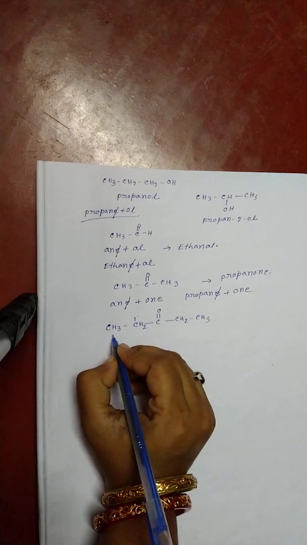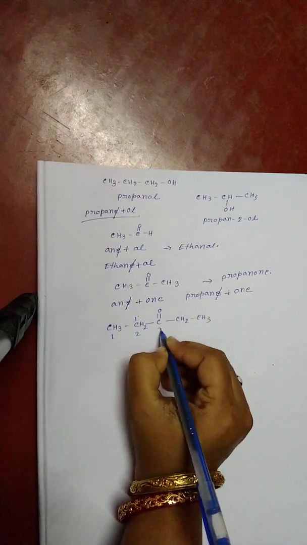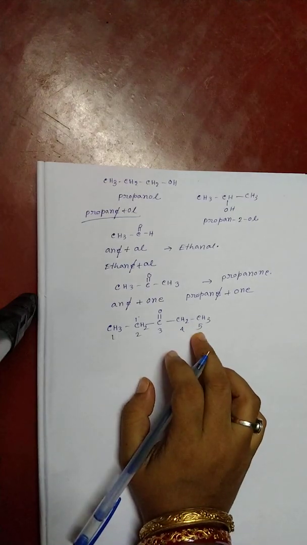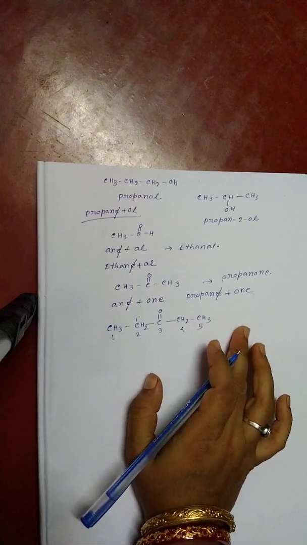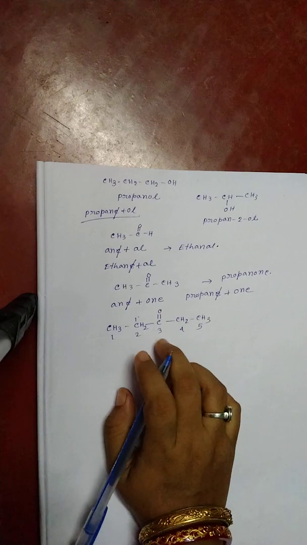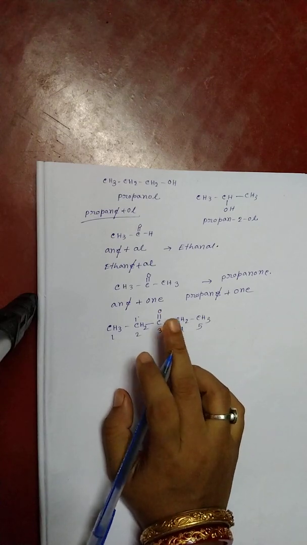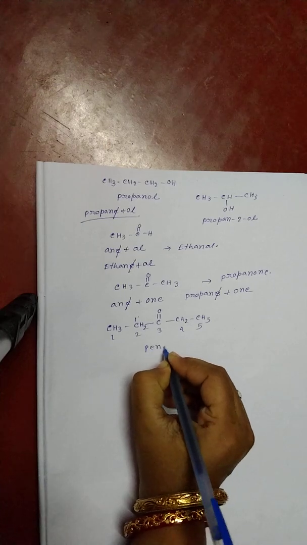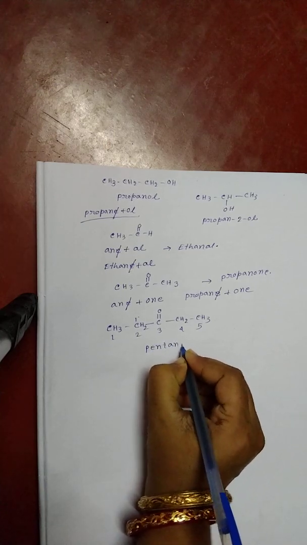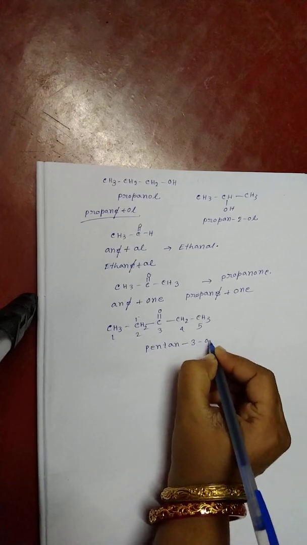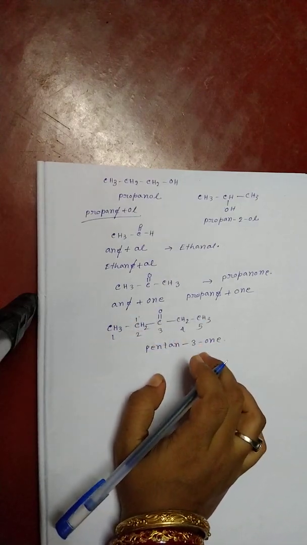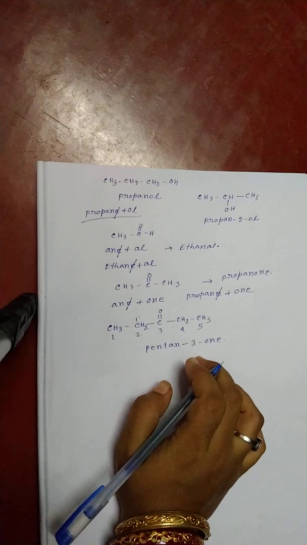In that case I give the numbering 1, 2, 3, 4 and 5. So pentane plus one, pentanone, and we must give the numbering in the 3 position. So pentan-3-one. It indicates the position of the carbonyl group.